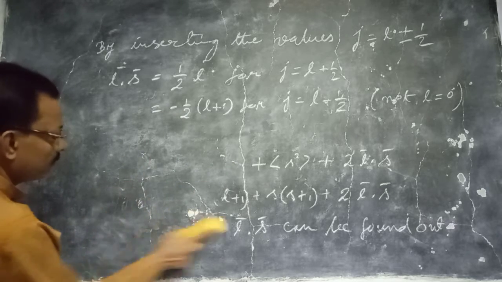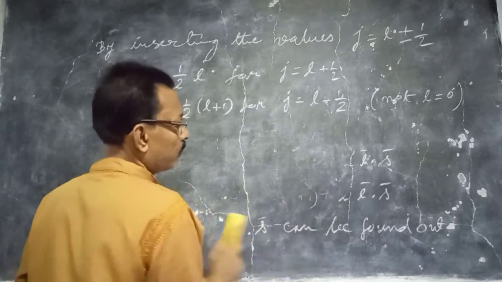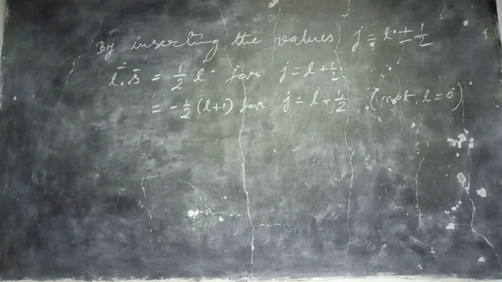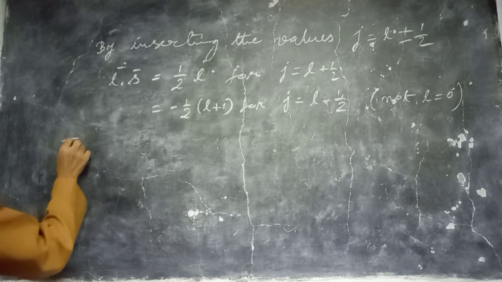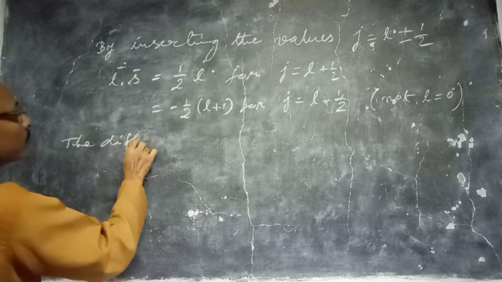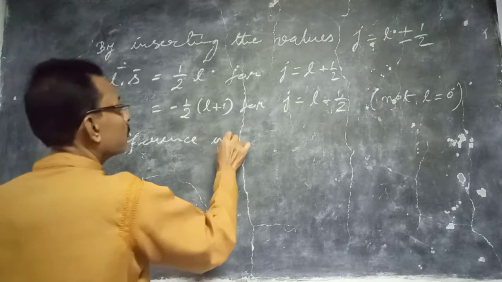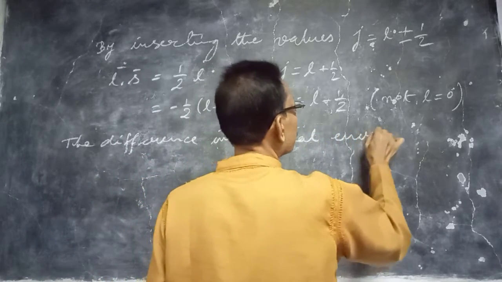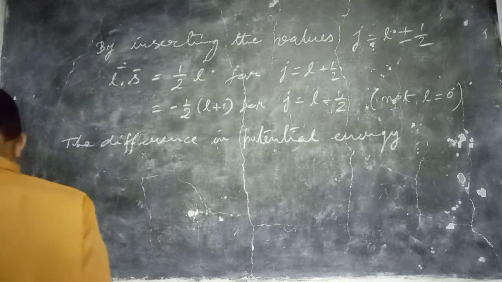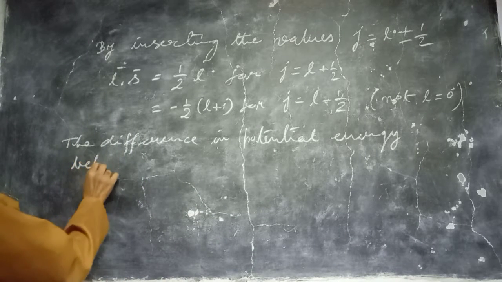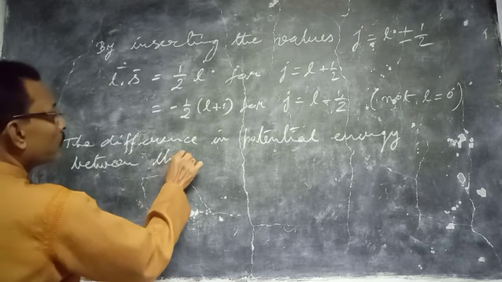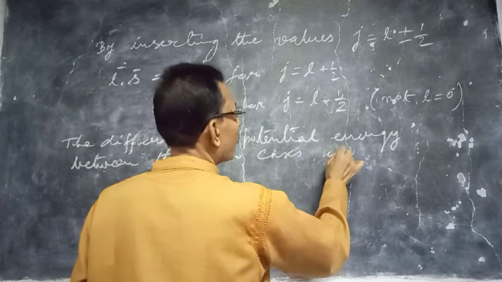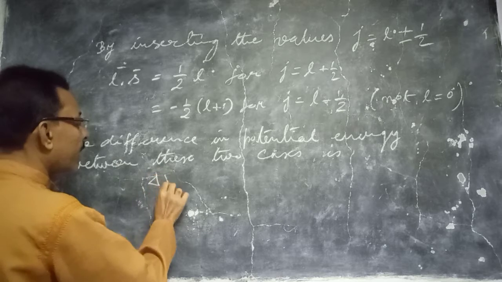Now, the difference in potential energy between these two cases is delta V_SL.